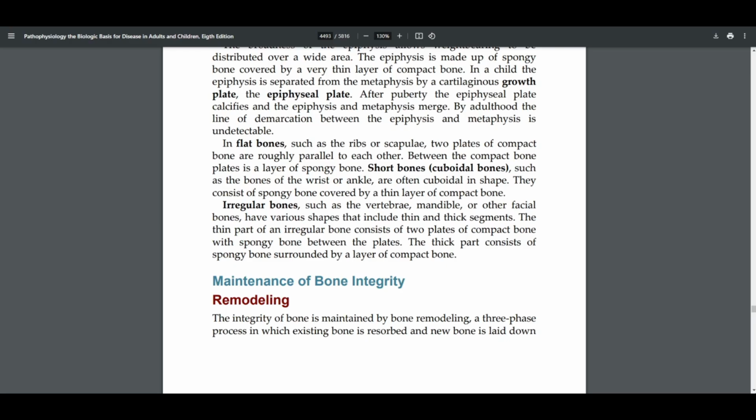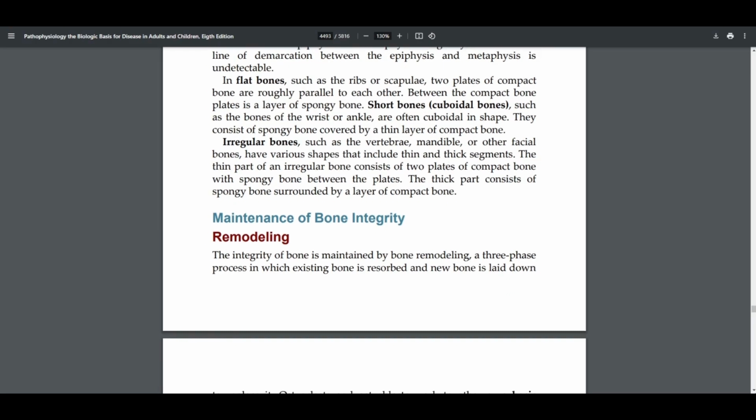In flat bones, such as the ribs or scapula, two plates of compact bone are roughly parallel to each other. Between the compact bone plates is a layer of spongy bone. Short bones, such as the bones of the wrist or ankle, are often cuboidal in shape. They consist of spongy bone covered by a thin layer of compact bone.